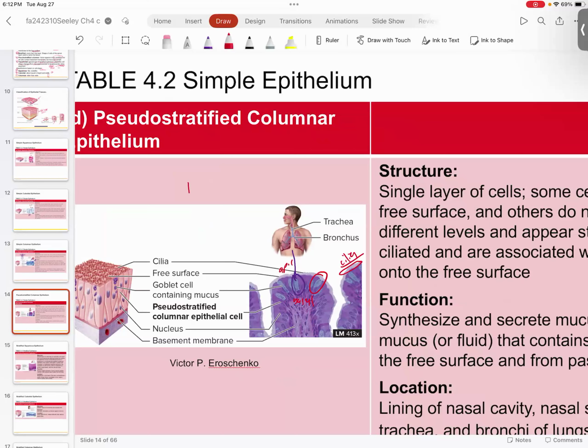So what this looks like is it looks like this. So here's your big glob of mucus, and then you have these little hair like cilia on the surface. That's why it's pseudostratified ciliated epithelium.